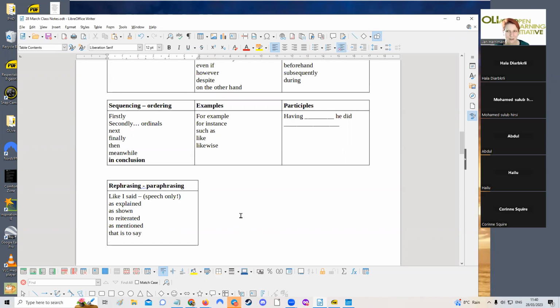No opinions in task 1. It should be task 2. In task 1, you are only describing what you see. Super important. Save your opinions for task 2. That's when they ask for them. But you can, in the conclusion, say in brief.